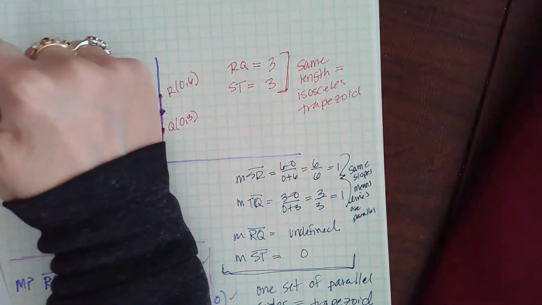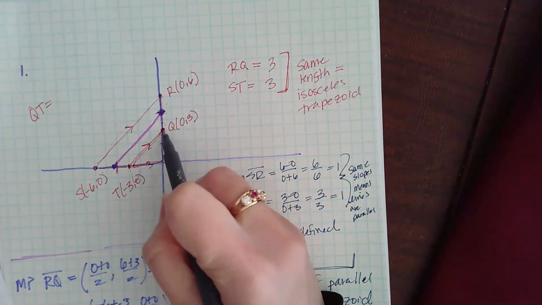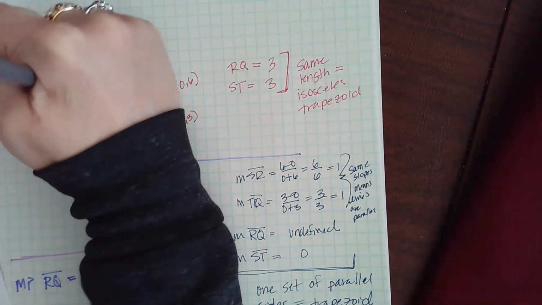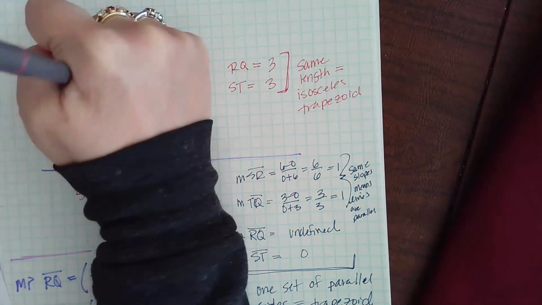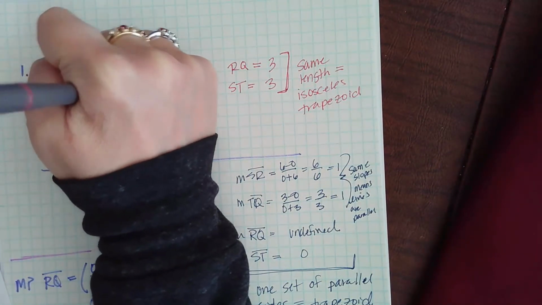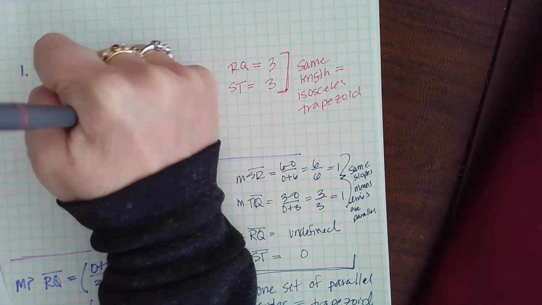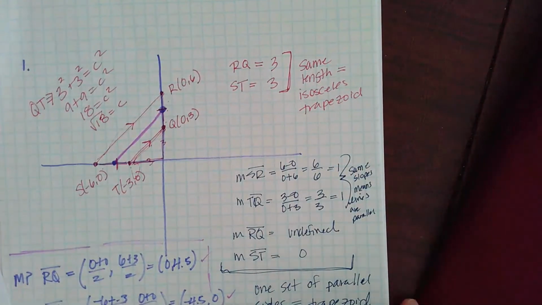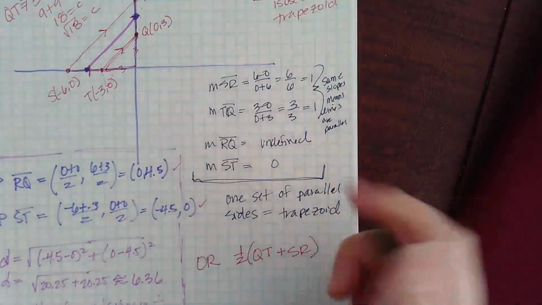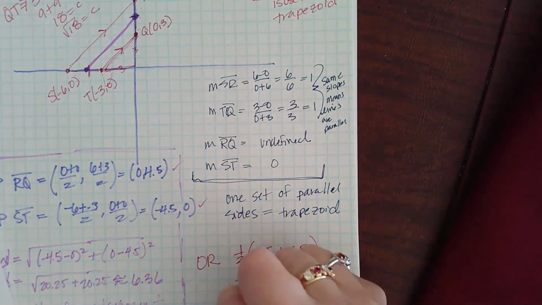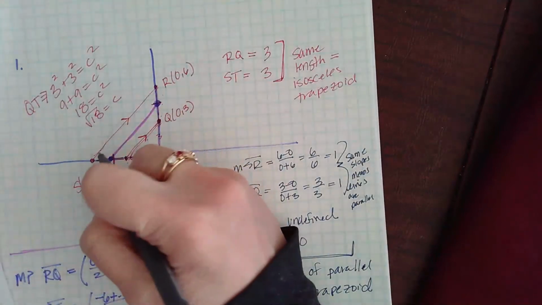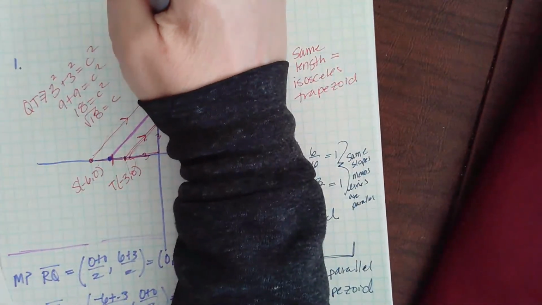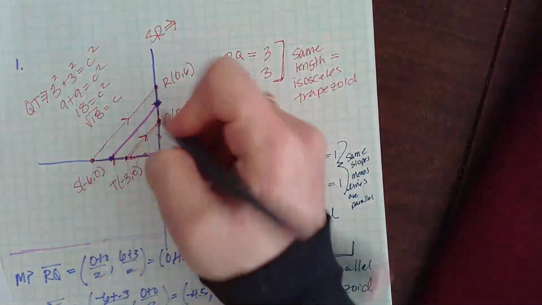All right, so the distance of QT, I'm just going to go a squared plus b squared equals c squared. So 3 squared plus 3 squared equals c squared. So I get 18 equals c squared, or root 18 equals c. Okay, so I'm going to plug that in here. So root 18 is my one length. Now I'm going to find the length of SR, the same way as the last one. I'm just going to use the Pythagorean theorem because this is 6 and this is 6.